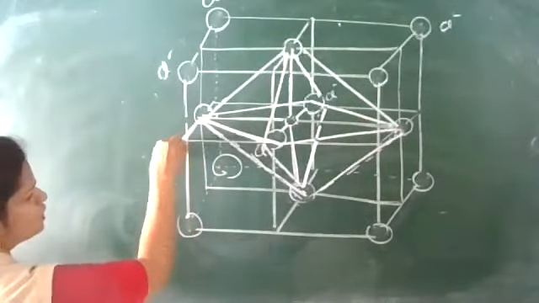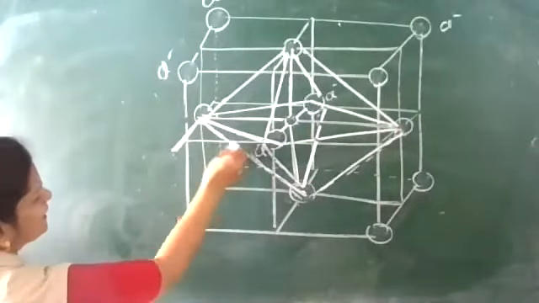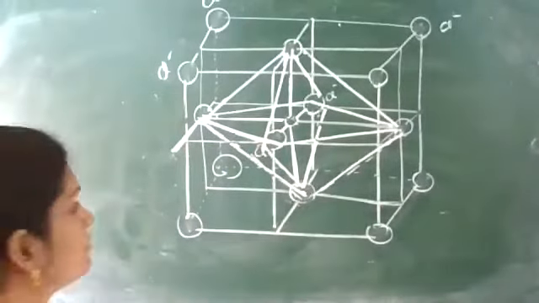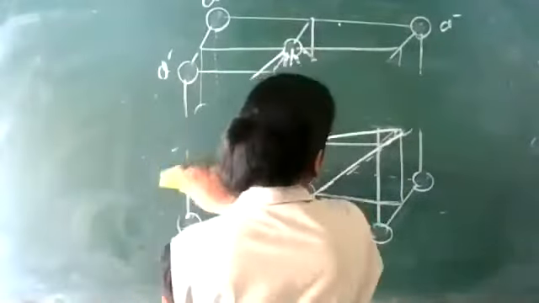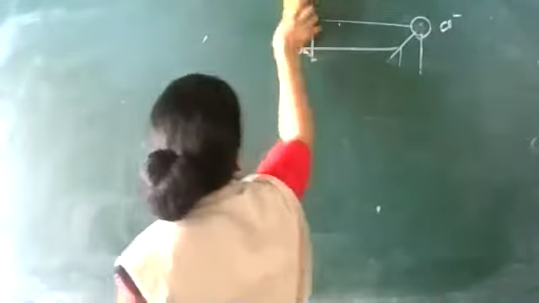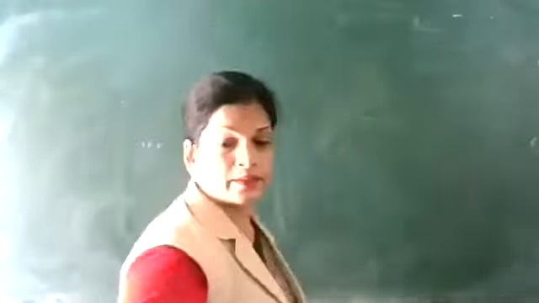Means from this to this point, it is in the next unit cell. And how much distance I have drawn? I draw a new one so that you can get a better idea.